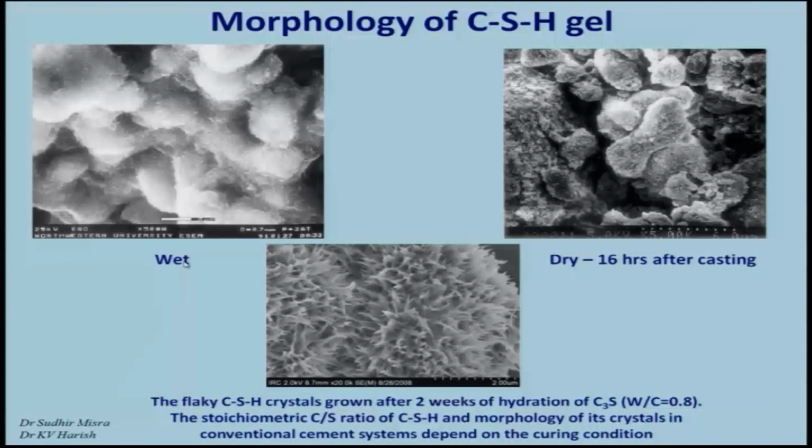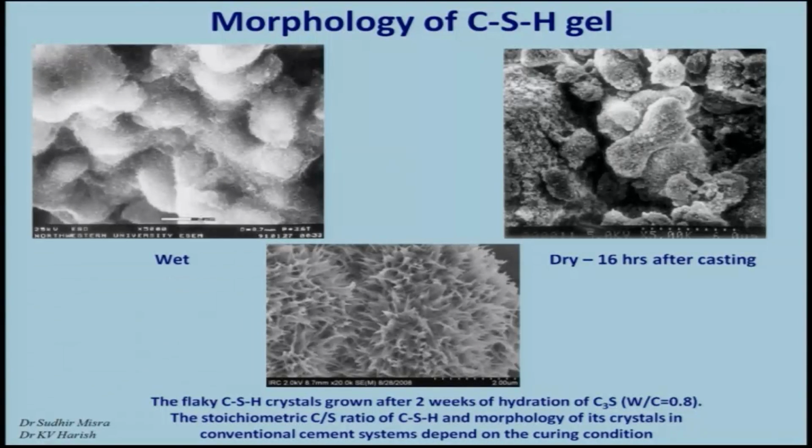When you add water to cement and the system is very fresh, described as wet, the calcium silicate hydrate gel looks like this. After about 16 hours of drying, from the time water is added to cement, under a scanning electron microscope it looks like this, and after 2 weeks, typically 14 days, calcium silicate hydrate looks like spines.